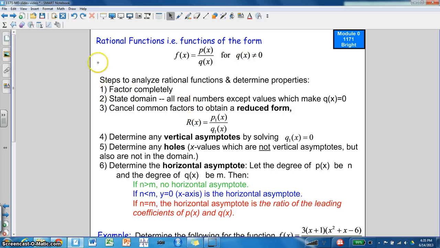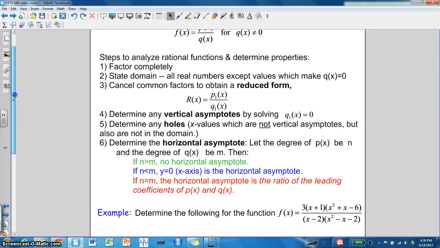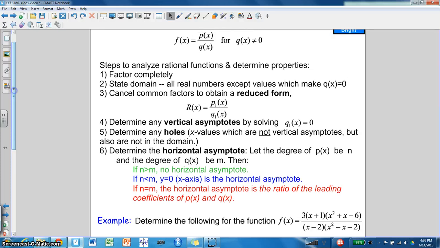So again, to analyze a rational function and determine its properties, we have a set of steps that we want to follow. You don't have to follow them precisely, but it's a good problem-solving process. First, factor p of x and q of x completely. Second, state the domain.